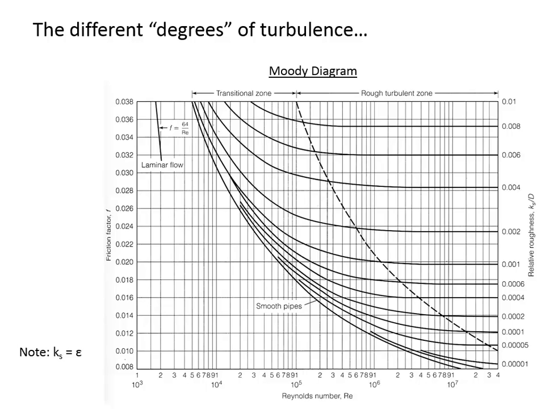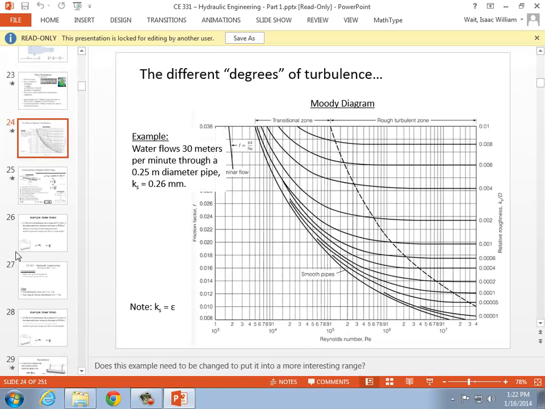And so it means that once you increase the Reynolds number, it doesn't really affect the F value anymore. Once you get to the left of this dashed line, it's not horizontal anymore. The Reynolds number is having an effect on the friction factor F. So in the rough turbulent zone, the F value is essentially a constant.